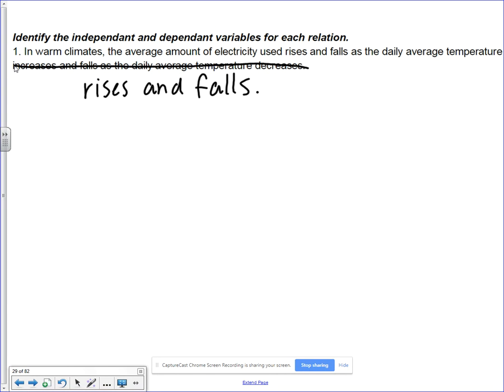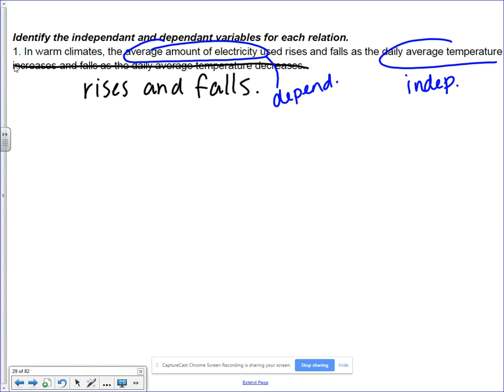That means the temperature is the independent, and then the amount of electricity is the dependent. Think about it, guys. When it's hot outside, you use more electricity because your air conditioner is running a whole lot, right? When it's cool outside, you don't use as much electricity because the air conditioner is not running.